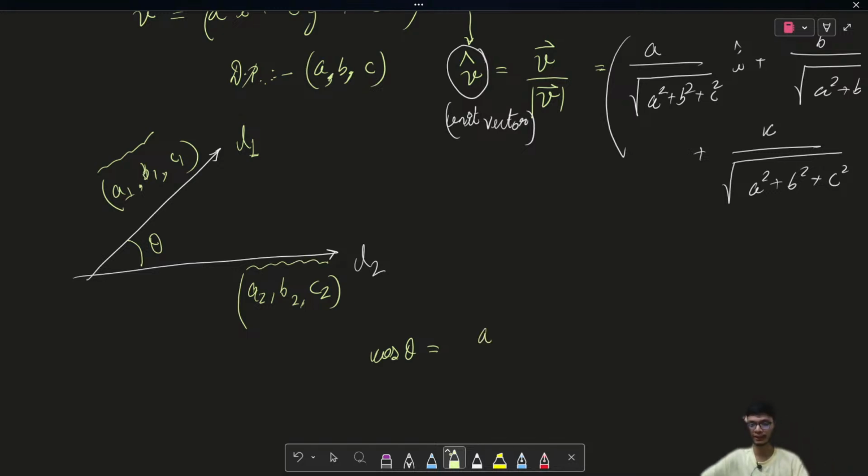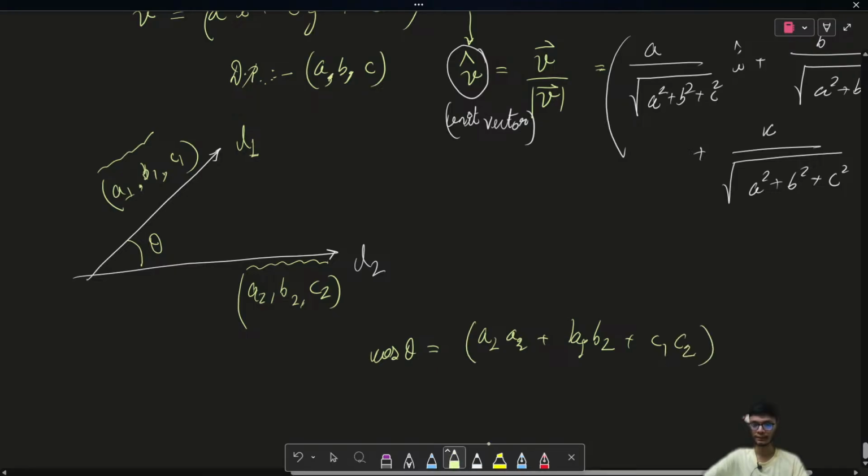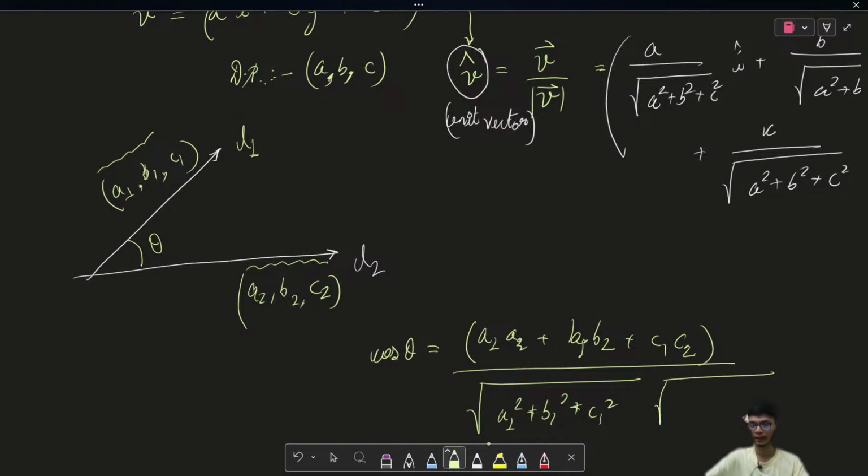So I can just find the dot product, that will be A1 A2 plus B1 B2 plus C1 C2, and then divide by the magnitudes of the individual lines, that is the square root of A1 square plus B1 square plus C1 square, and another square root of A2 square plus B2 square plus C2 square.